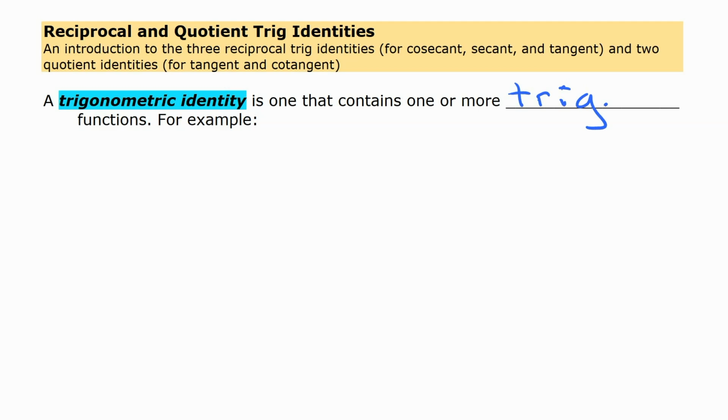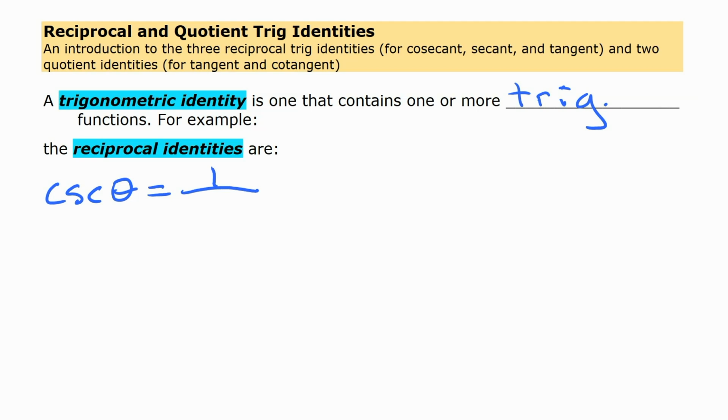I'm going to just write trig for short there. And for example, the first ones we're going to look at, you likely, hopefully, maybe have already seen before. They're called the reciprocal identities. And those are basically the definitions for cosecant of an angle, of a value, which is 1 over sine of that value.